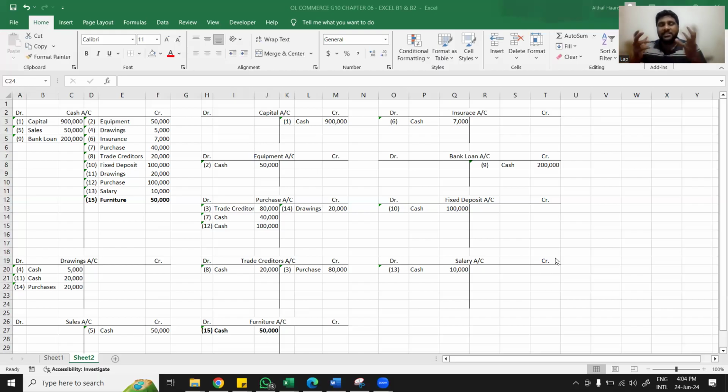Water bottle business, water bottle is the stock. Calculator business, calculator is the stock. Phone business, phone is the stock. Laptop business, laptop is the stock. Remaining everything they will have to use. Only the stock purchase, goods purchase, inventory purchase, you write in the purchase account. Clear, Yunus?